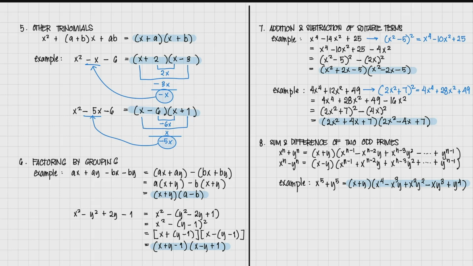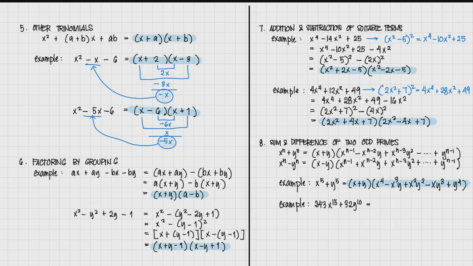So let's try another example. Let's try this one. 243 times x raised to 15 plus 32 times y raised to 10. So if we could simplify this further, ano yung 243 natin?